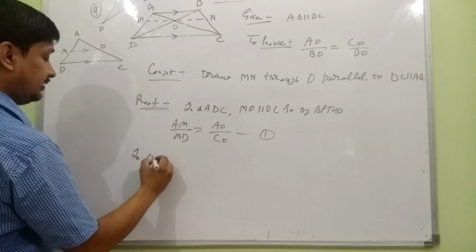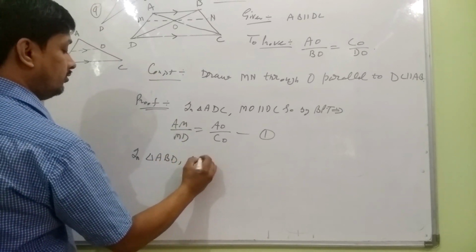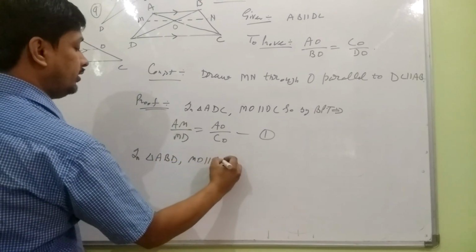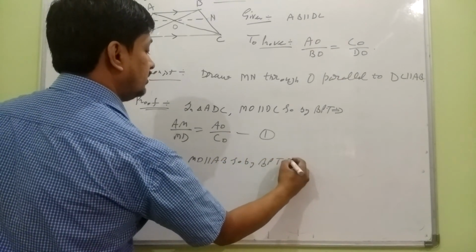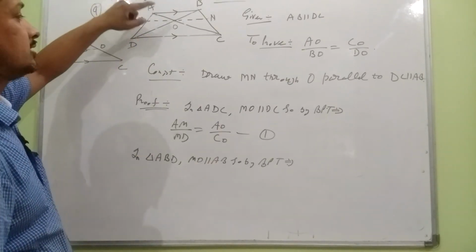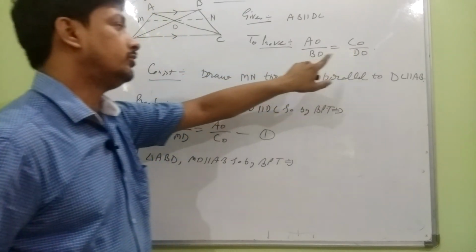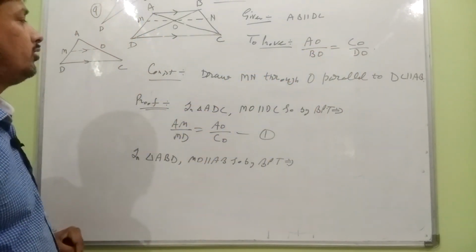So in triangle ABD, MO is parallel to AB. So by BPT. I think you understand why I have taken this triangle, because we need BO and DO. AO and CO we got, but now we want BO upon DO.